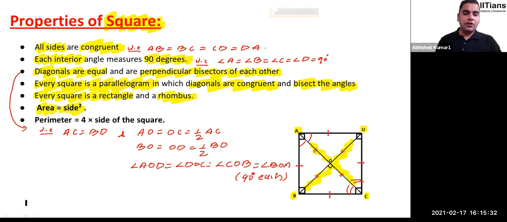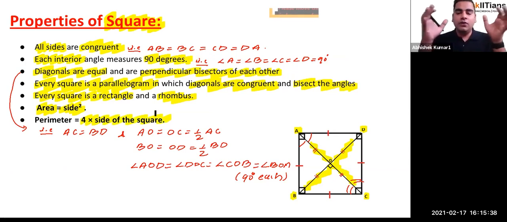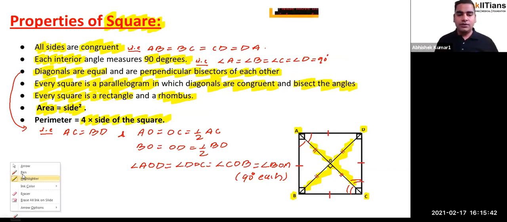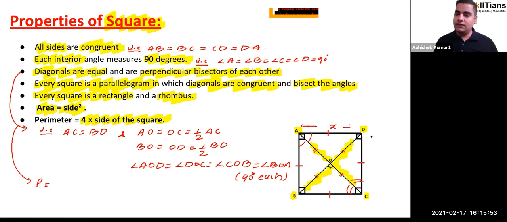If you are talking about perimeter, that means we are talking about the sum of the lengths of all the 4 sides which form a square. Because all the 4 sides are equal in length, let's say all the 4 sides have length x unit.